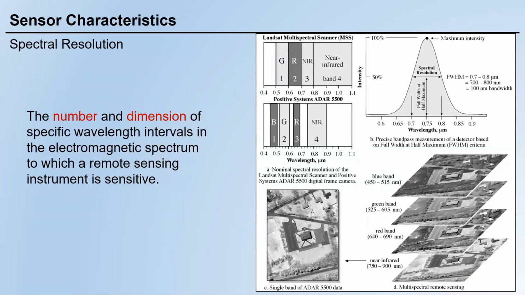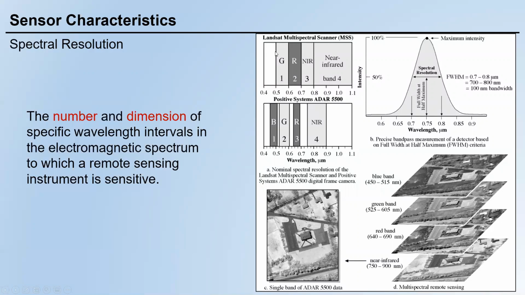Obviously, the number of specific wavelength intervals from sensor B is much larger than sensor A. So from that perspective, we can see that sensor B has higher spectral resolution in terms of the number of bands. Okay, so let's check this figure A.